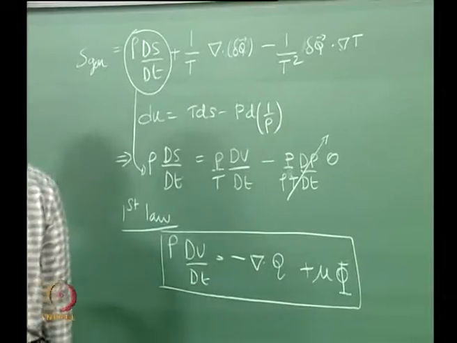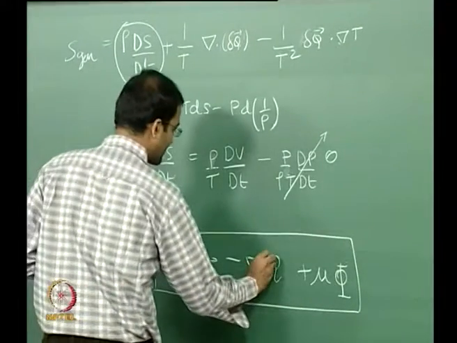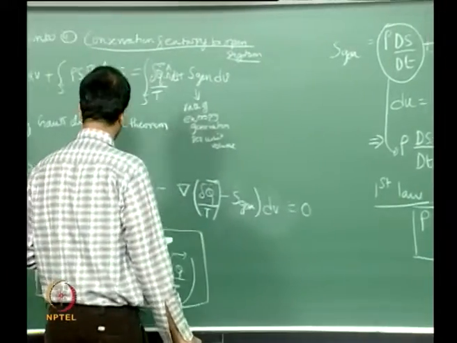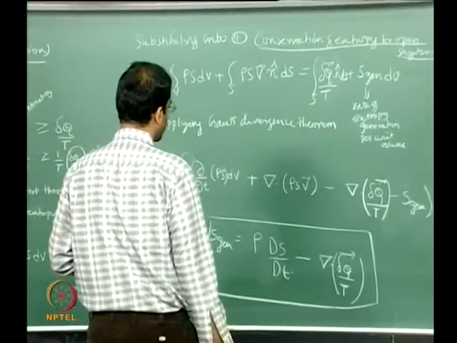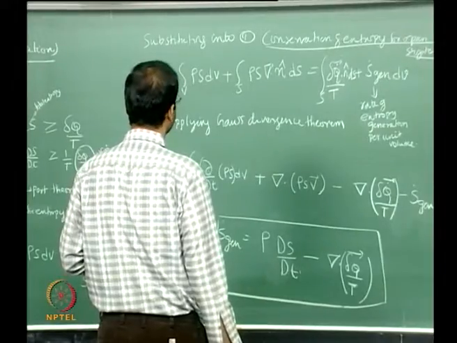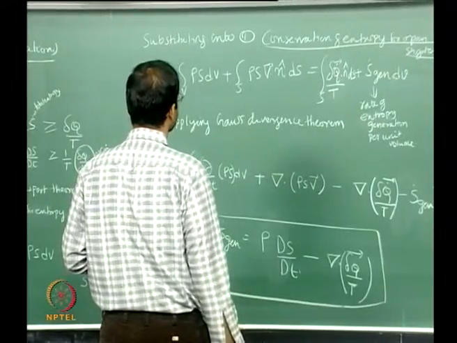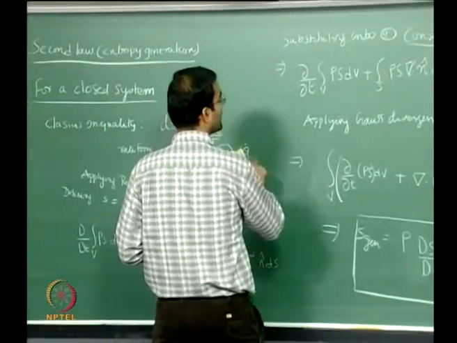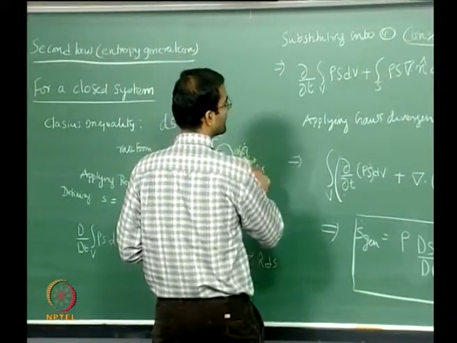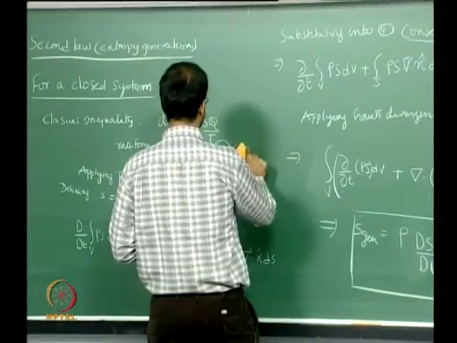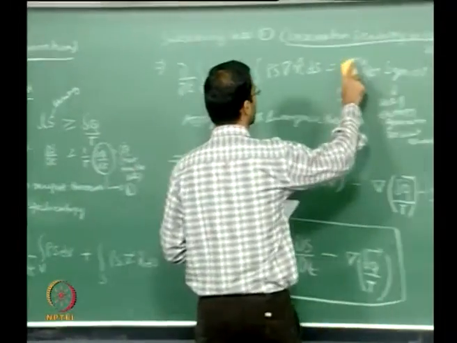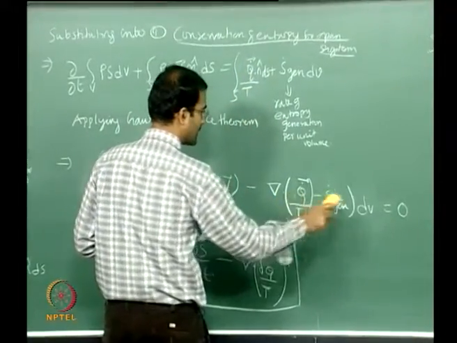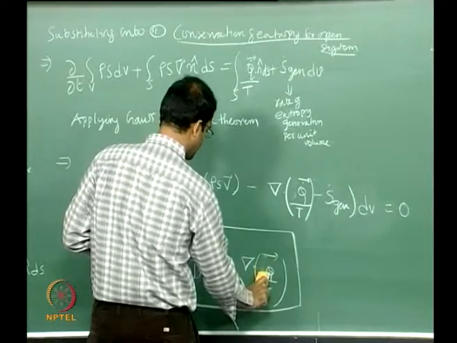So instead of saying del dot q, you can also say del dot del q. In fact, if you want to maybe rewrite to just avoid some confusion, you can express this as q instead of del q here, so that finally it is consistent with that.